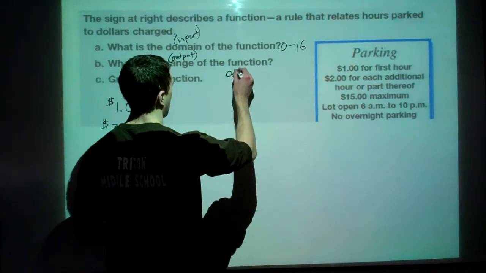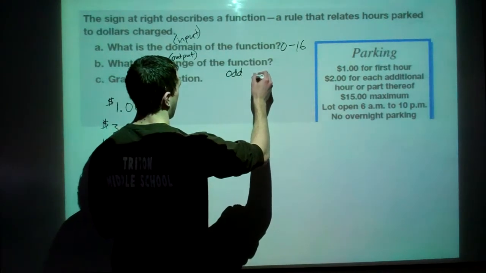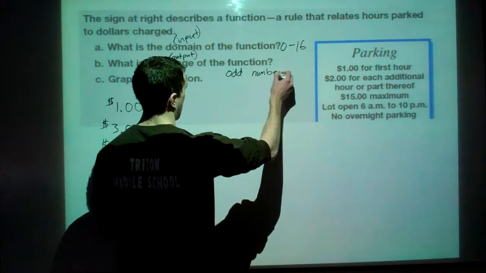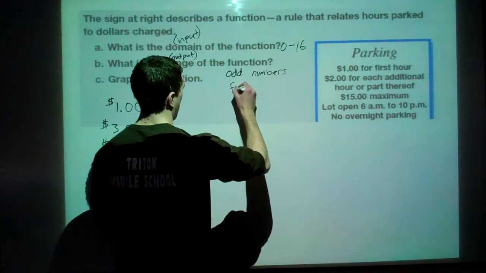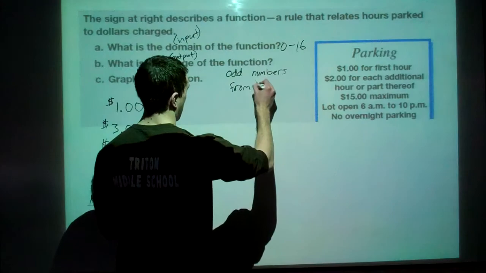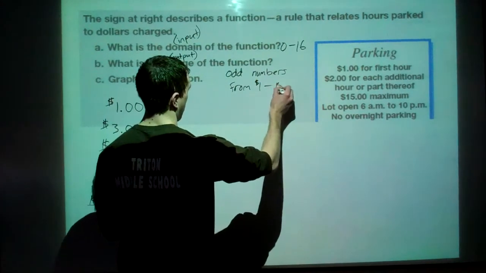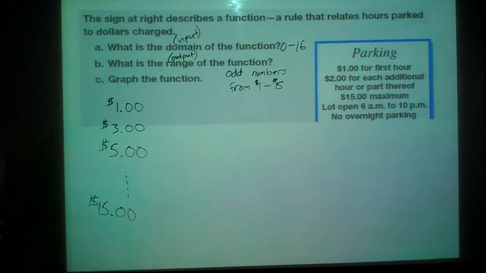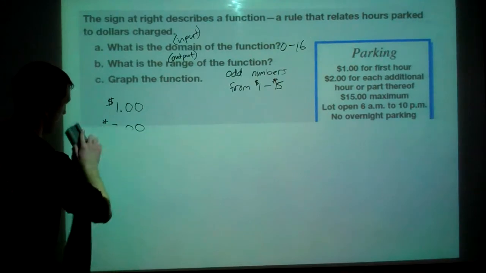Odd numbers from $1 to 15. $1 to $15. Okay. So if we were actually to graph this thing, it would look kind of weird.